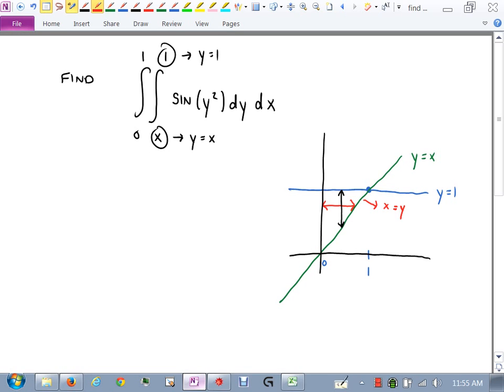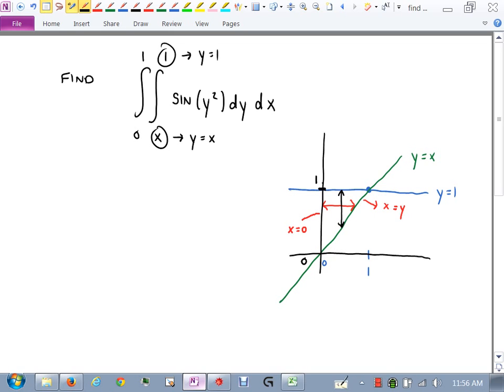Because I can, and watch what's going to happen. If you agree I can do this, this line becomes x is 0, right? And then what are my bounds on y, up and down? 0 to 1 up here, right? So that integral, the way it was presented, was a type 1. But by inspecting the type 1 region, I realize it can be a type 2, and I rewrite the integral as a type 2.